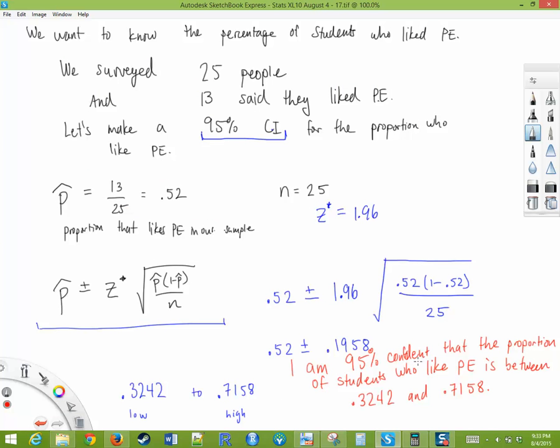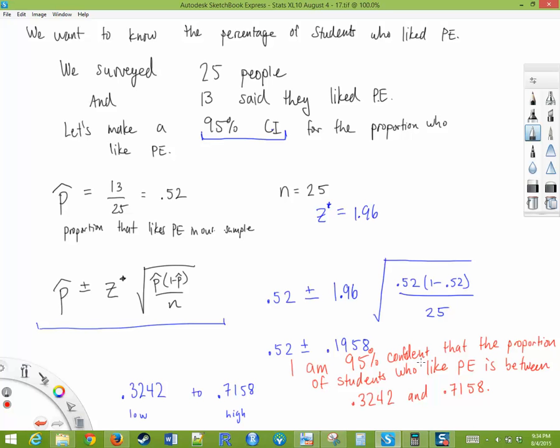So 95% confident that the proportion of students who like PE is somewhere between basically 32% and 72%. Okay, I know that's a huge spread, right? If you want to be 95% confident about what proportion of students like PE, we're saying it's between 32% and 72%.